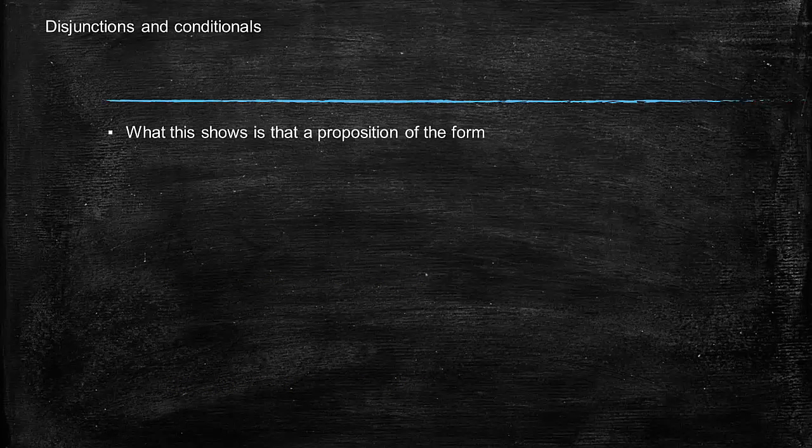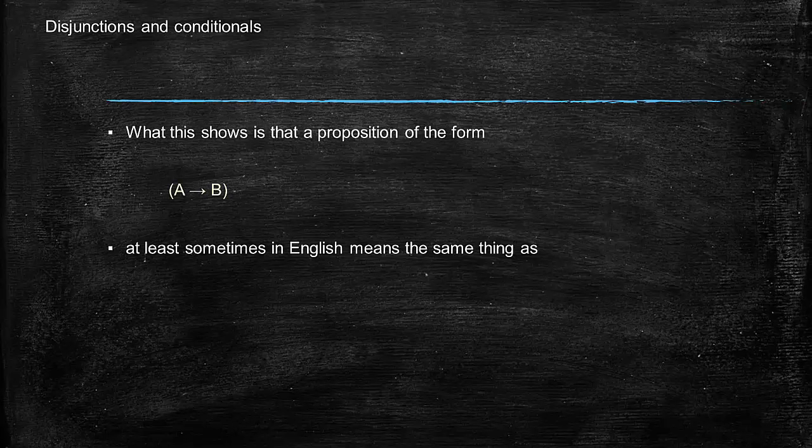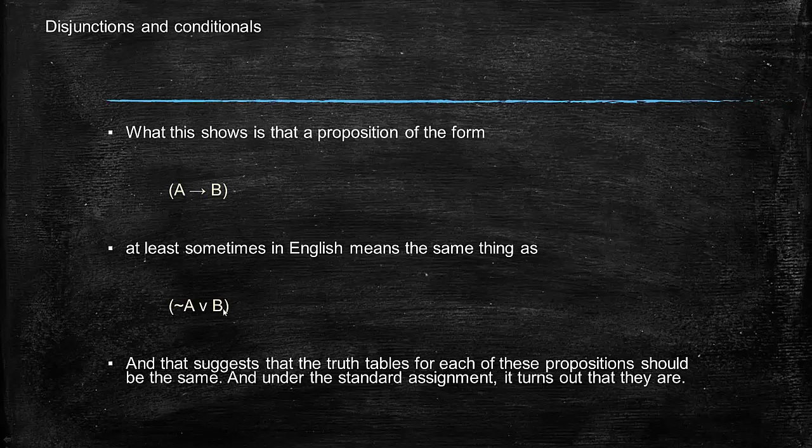Well, what that means is that "if A, then B" should mean the same thing as "not A or B." If I eat breakfast, then I am happy. Either I don't eat breakfast or I am happy. They should mean the same thing, which means that if we did a truth table for "if A, then B," and we did a truth table for "not A or B," they should have all of the same values.